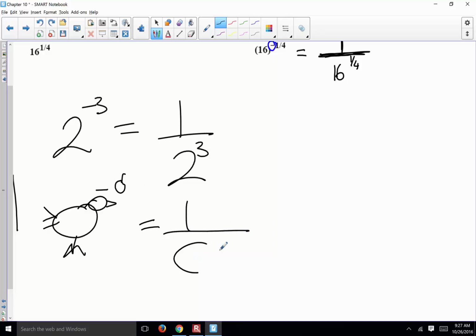1 over turkey. And where's the apple? Apple, but this time positive. Okay? So when you see negative sign in the exponent, that's what you do.